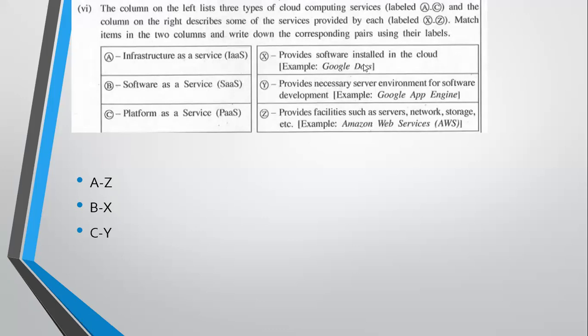We do not want to keep our facilities in the company. We can take from the cloud the necessary server environment for development, like Google App Engine. The answer is Y. So Z, X, and Y are the answers.